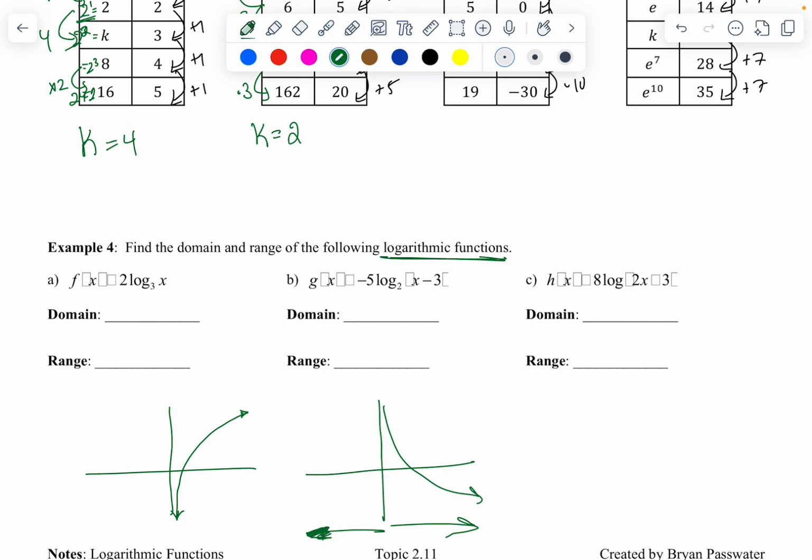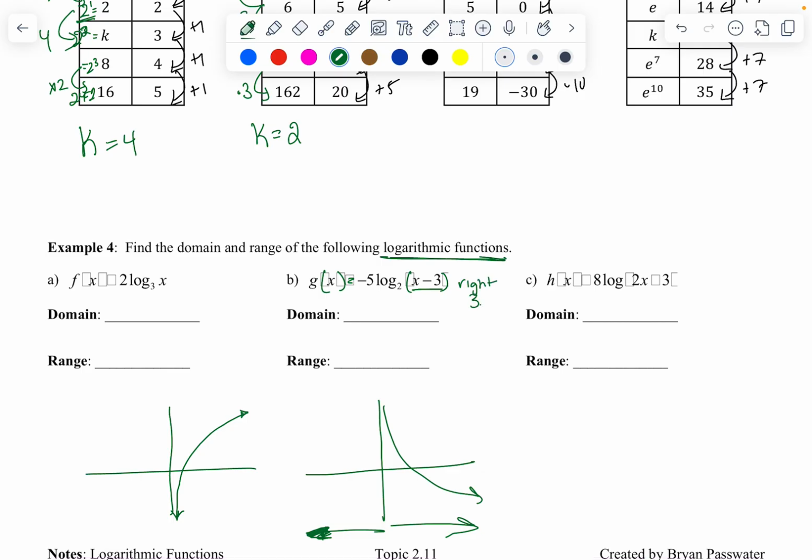So it's a movement of left or right. Now, based on these three problems, the only one that there is a movement of left and right is this guy. So this is g of x is equal to -5 log base 2 of x minus 3. So this one we can say is moving right 3.